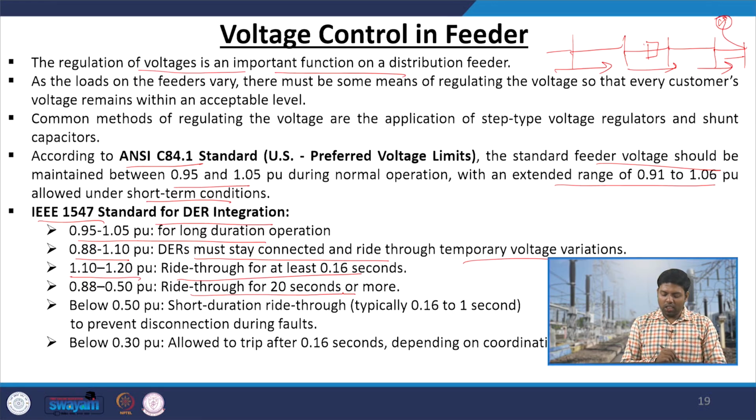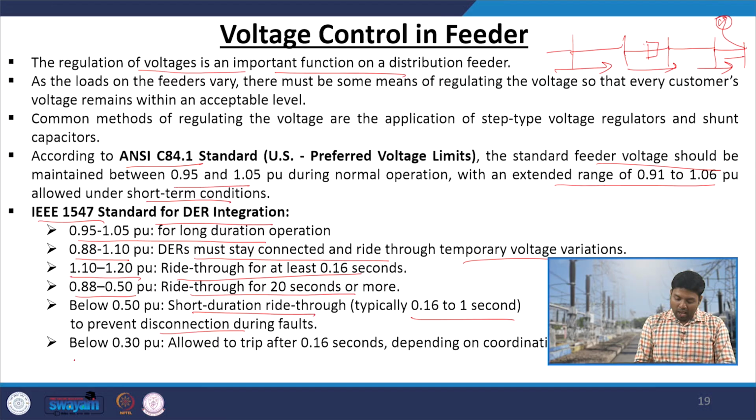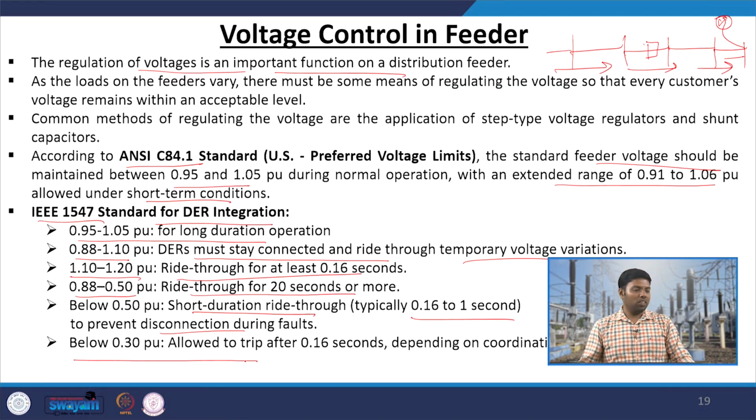For an under voltage condition, it can run for 20 seconds when your voltage is from 0.88 to 0.5. Below 0.5, you can operate only from 0.16 second to 1 second, not more than that. If you run longer, your system will collapse. And if your voltage level goes below 0.3 per unit, it will be sensed as a fault, because a fault means the voltage value is close to 0.